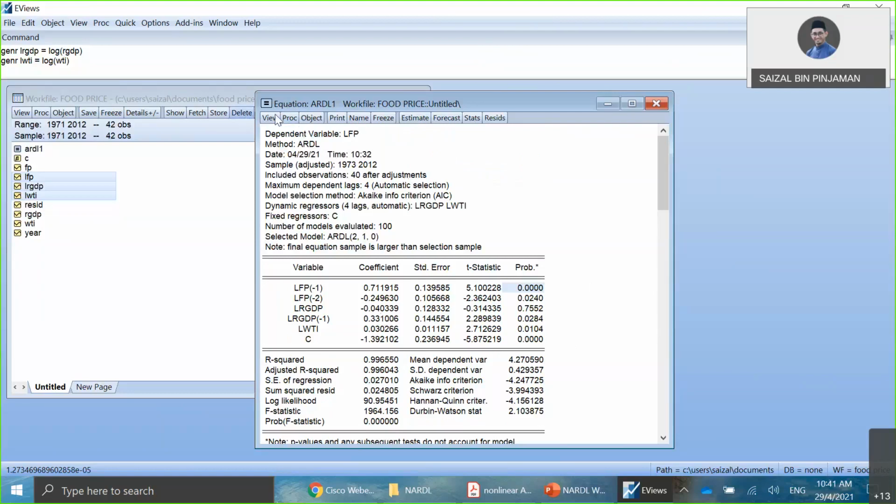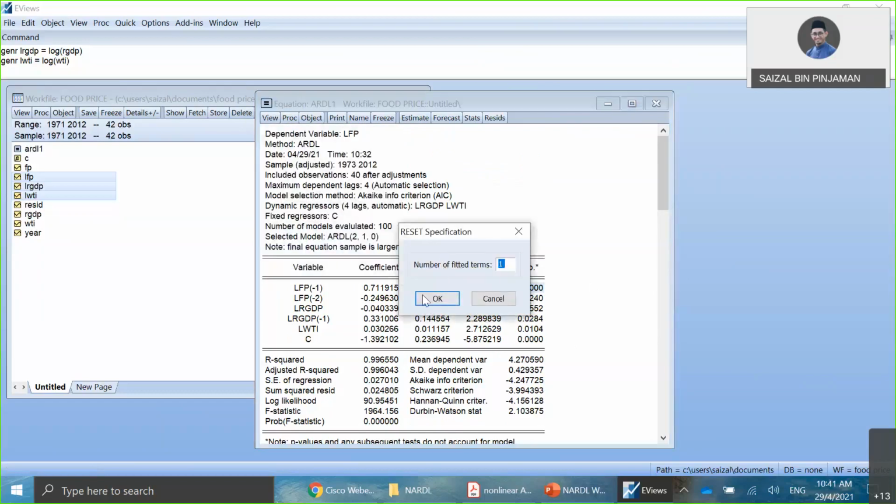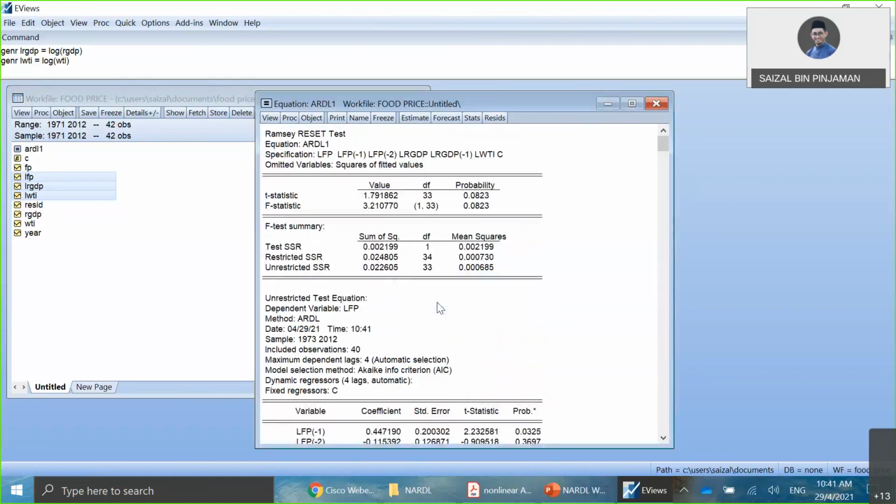Okay, so here we have that problem, and we can extend with the Ramsey reset test. We use, in this case, the number of fitted terms as 1. Here you can also see that the probability values for both the t statistic and F statistic are below the threshold. For that, we reject the null hypothesis of correct specification for the model.